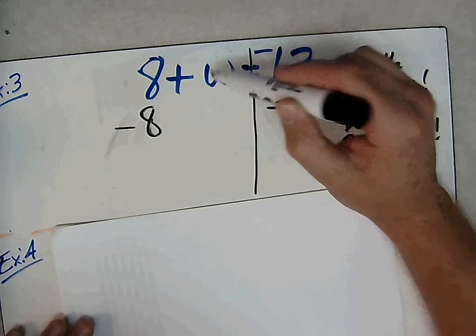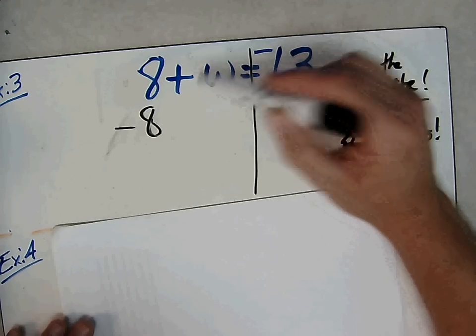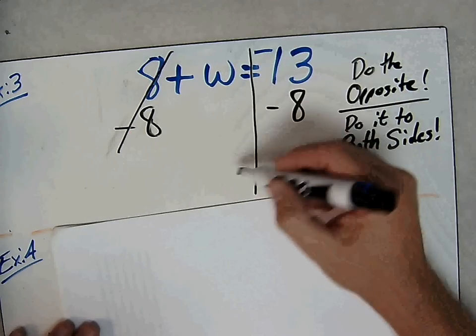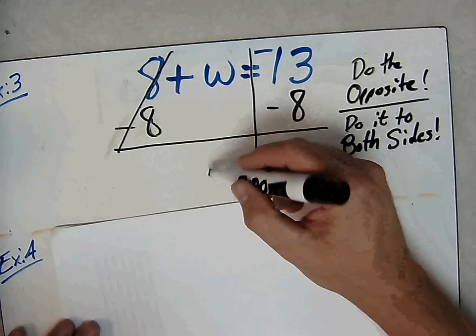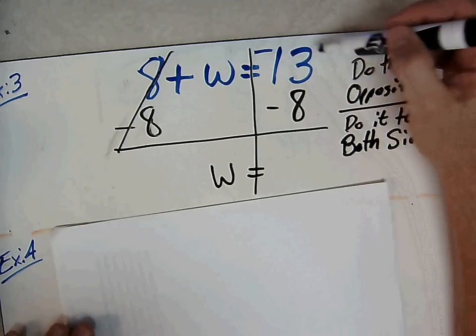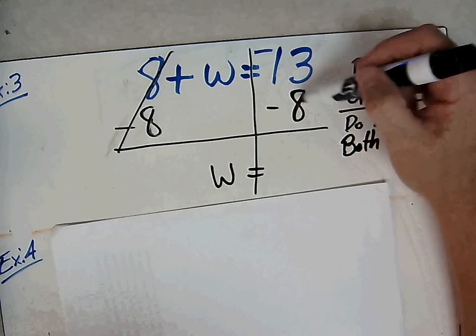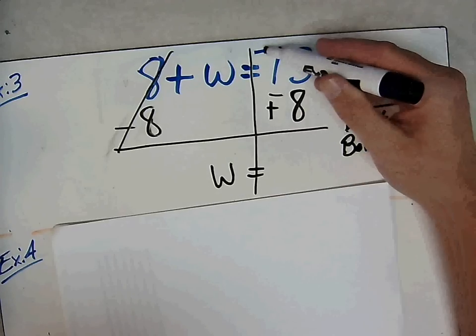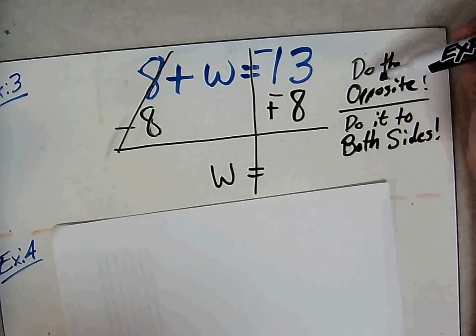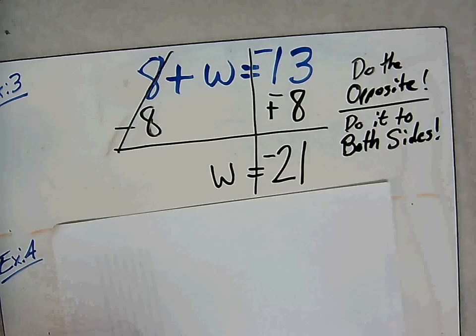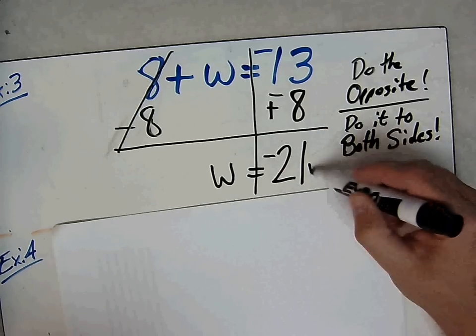Whatever's on this side with the variable, that's what you want to get rid of. Okay, so that's gone. This is the only thing left. So negative 13 minus 8. You can do add the opposite. So this is same signs, add and keep. So that's negative 21. Okay, so this is the right answer.